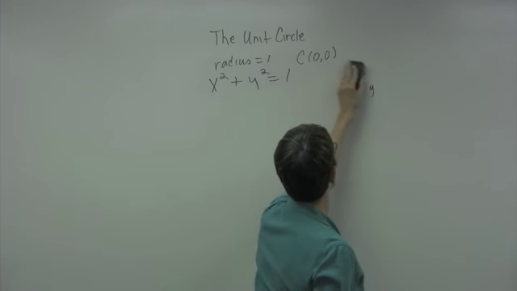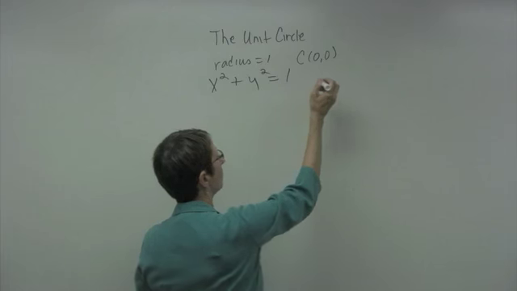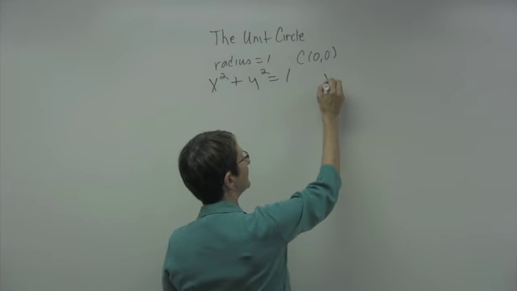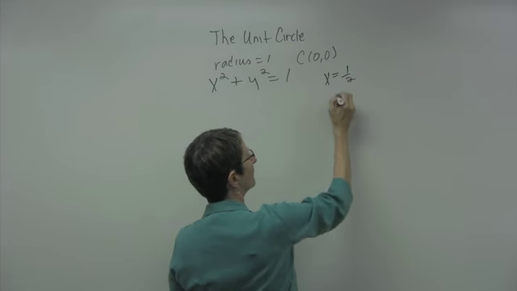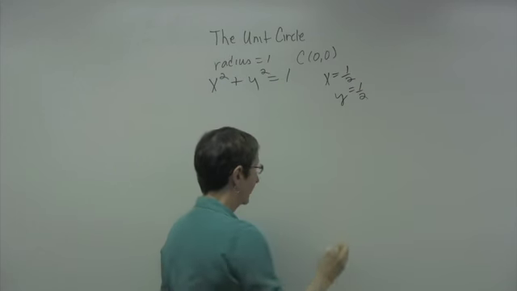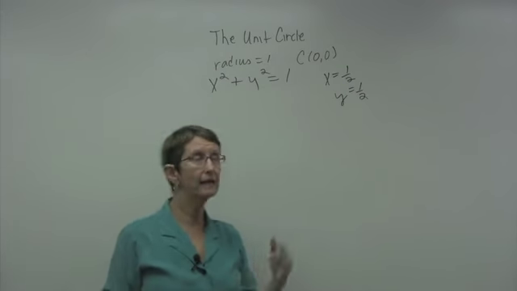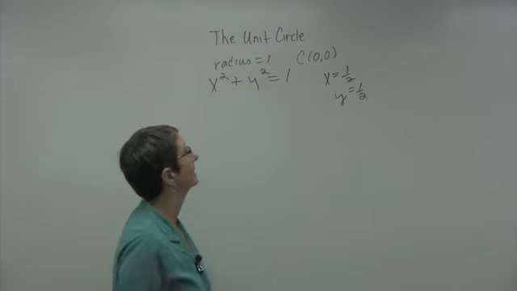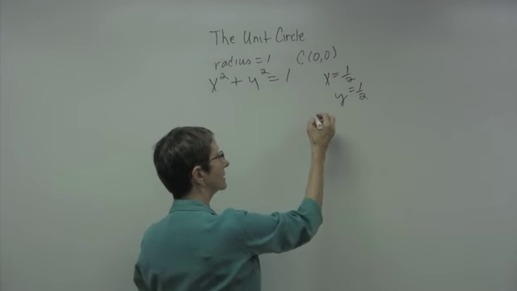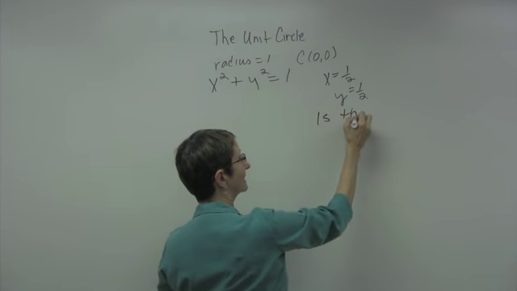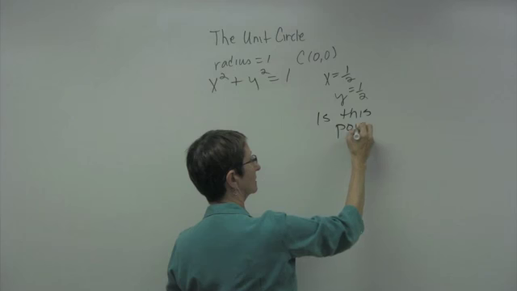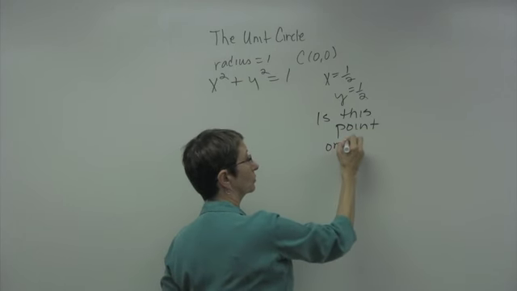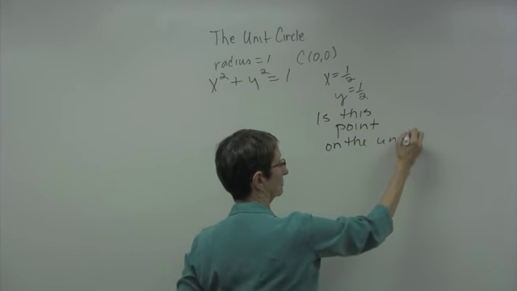How about, let's look at another point. Let's look at x equal to 1/2 and y equal to 1/2. And I'm going to look at these in fractions instead of the 0.5 like I just did. If I take this, I want to know, is this point on the unit circle?